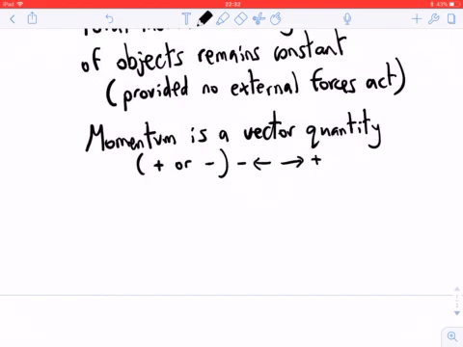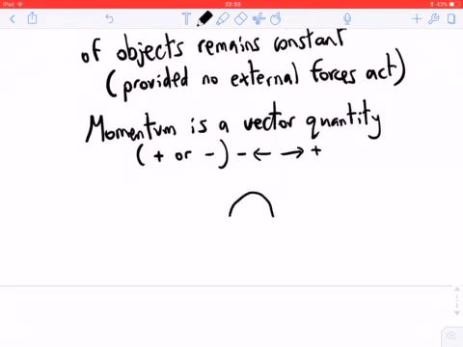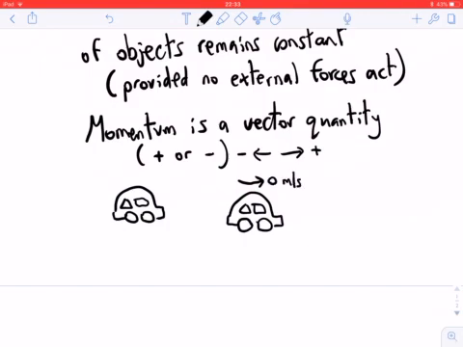So one of the things that we can do with the idea of momentum is to analyse collisions and work out the velocity of the objects before or after. So I'm going to take a simple collision. I'm going to have a stationary car and I'm going to have a moving car, and let's suppose our stationary car, I'm just going to put an arrow there at 0 meters per second just to remind us that it's not really moving.